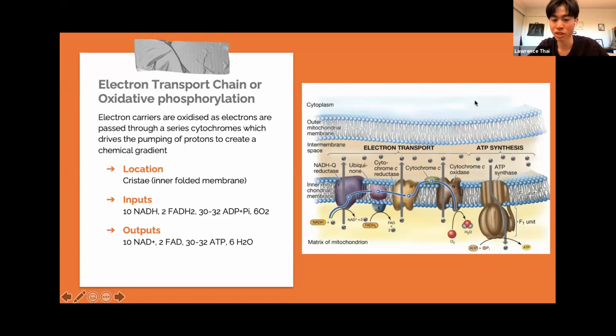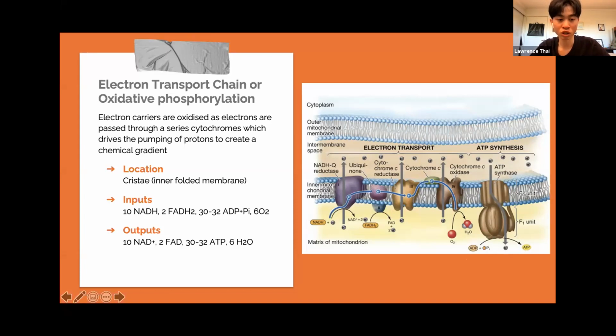So it's a potential energy deal, where we've got this enzyme called ATP synthase, and it's able to make ATP by exploiting the concentration gradient that was generated, using that potential energy. It moves the H plus ions back down the concentration gradient, back inside, and as it does that, it produces ATP.